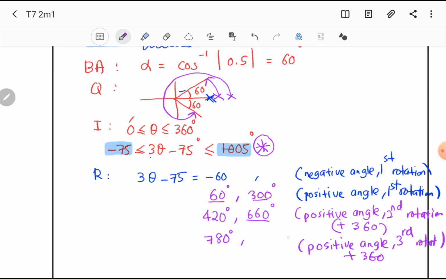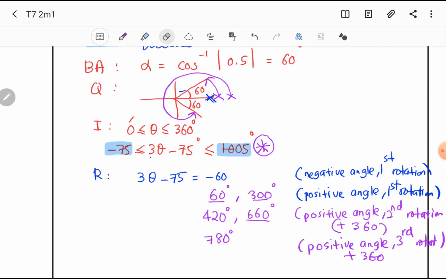Okay, next. 660 plus 360 degrees. So we will get 1020 degrees. But if you look at this number, the number is out of the range. Dah terkeluar. Jadi, kita tak boleh tulis lah yang ni. Tak boleh tulis. Kita padam semula.